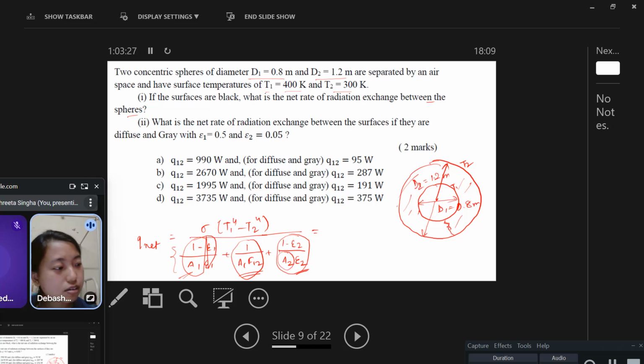That case was cylindrical, so the area was pi D L or 2 pi R L, but here the area of a sphere is 4 pi R squared. So you just have to make sure that this is correct. Here they have not asked for per unit length, they have asked directly for Q.